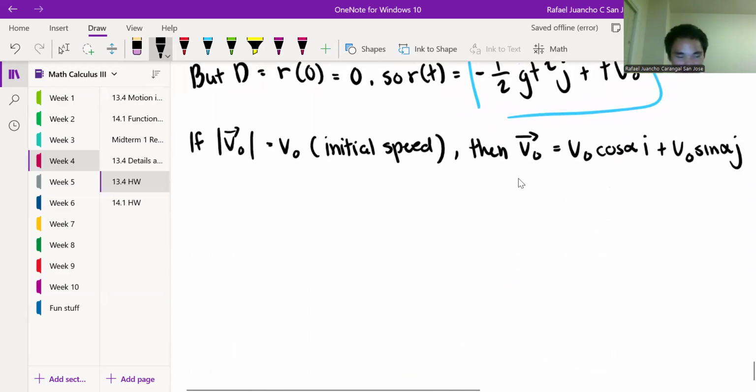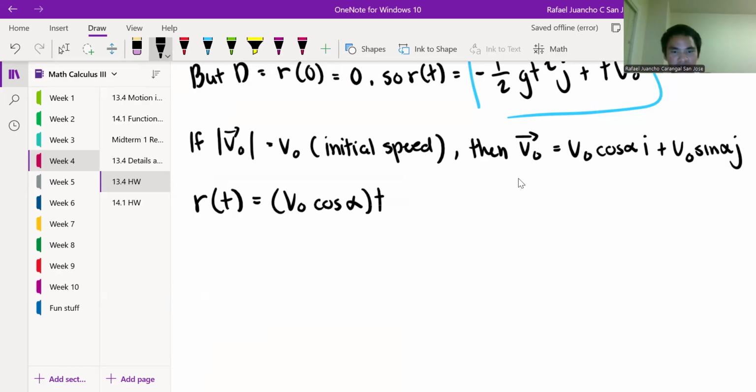Okay, cool. Now we have an equation. So now we have R of t here, which is my change x, but then I multiply a t here. So now I parameterize it in terms of t. Then I add my v naught sine alpha, which is also in terms of t.